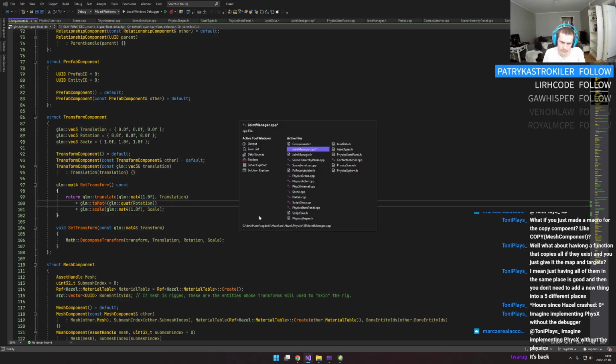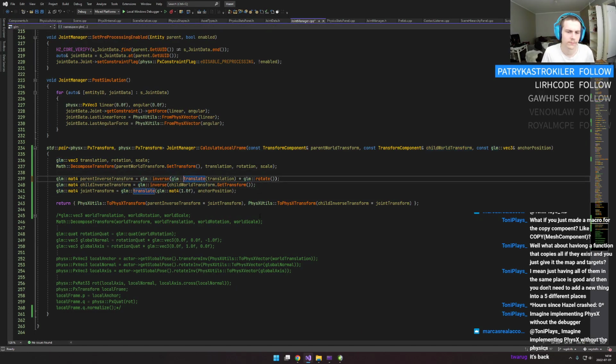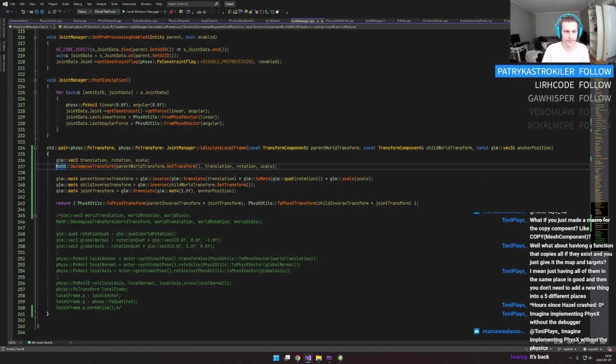To mat4 and then in a quaternion. Okay. To mat4 rotation like that, multiplied by scale. Maybe.